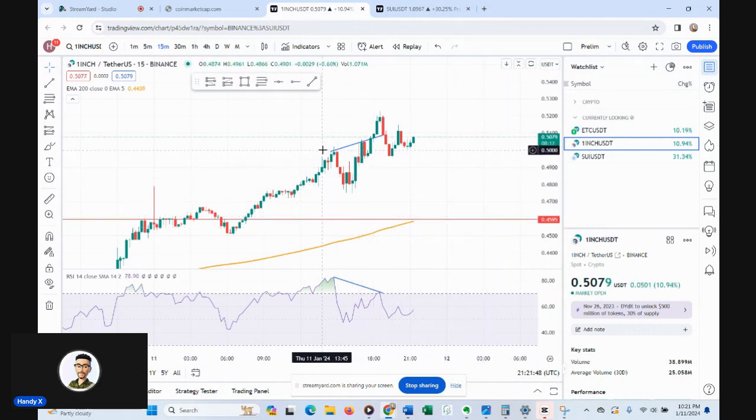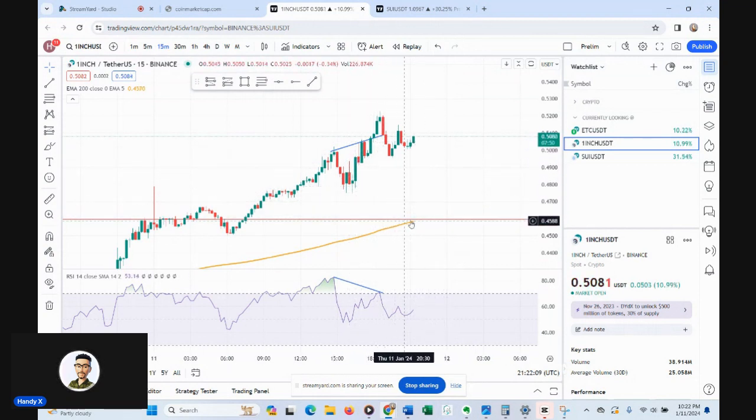You could recall I told you at that time, when you look at 1 Inch, we had this regular bearish divergence. And what do we do? Look at it, very beautifully set up, and it's just for you to be able to make your money here.